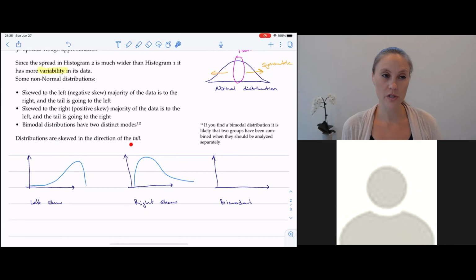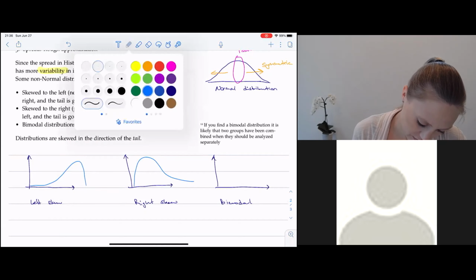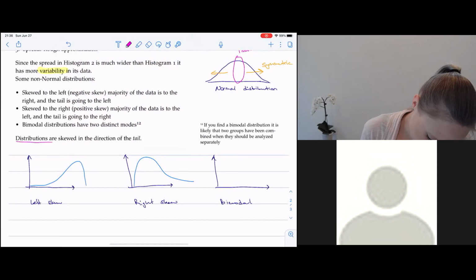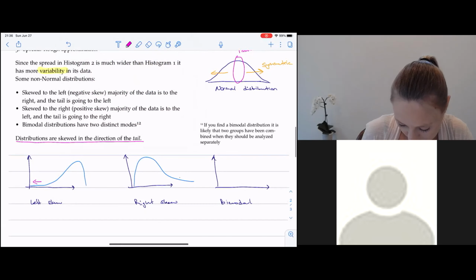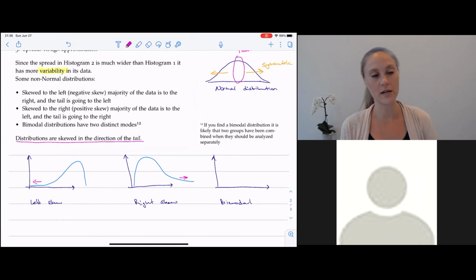Distributions are skewed in the direction of the tail. So the direction of the tail is to the left here, and the direction of the tail here is to the right.